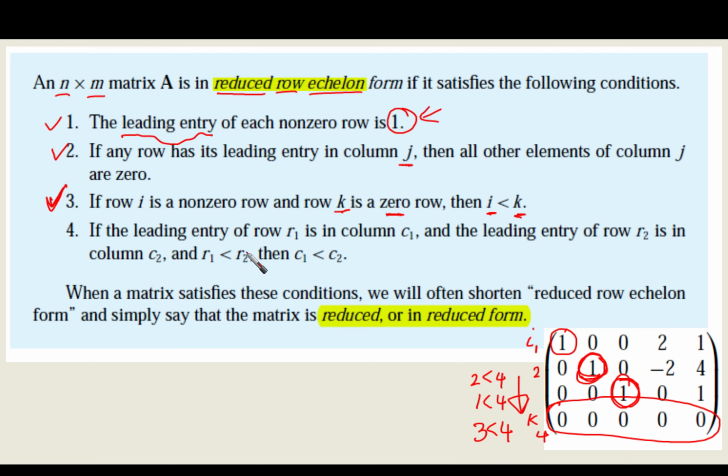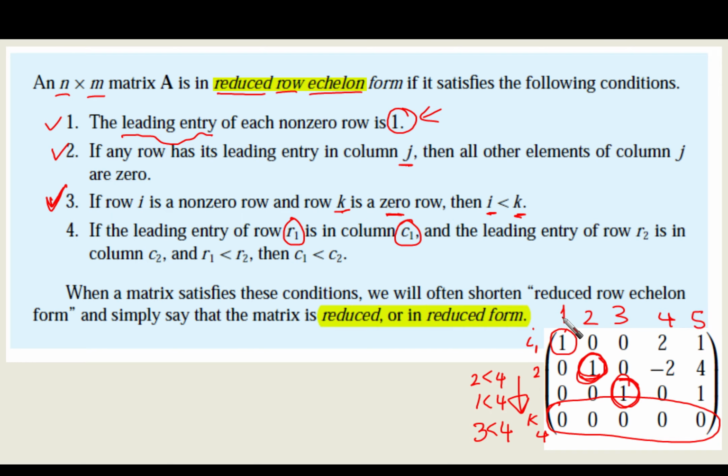If the leading entry of row R1 is in column C1, for example here we have this leading entry in column 1. This is column 1, and this is column 2, 3, 4, 5.